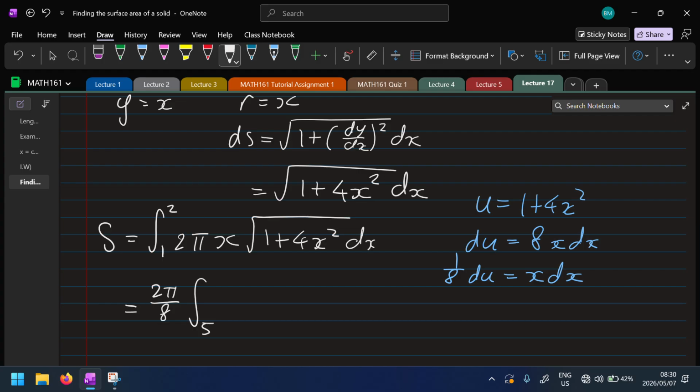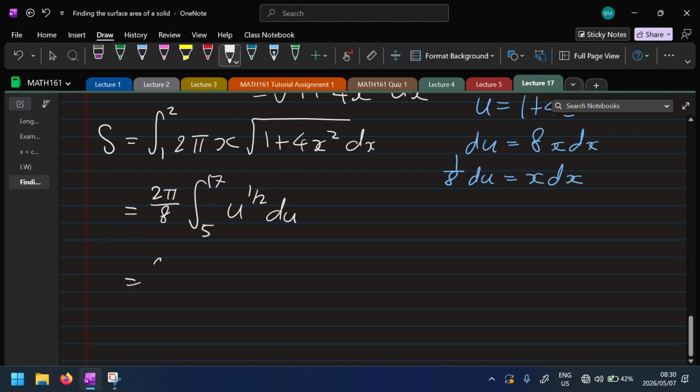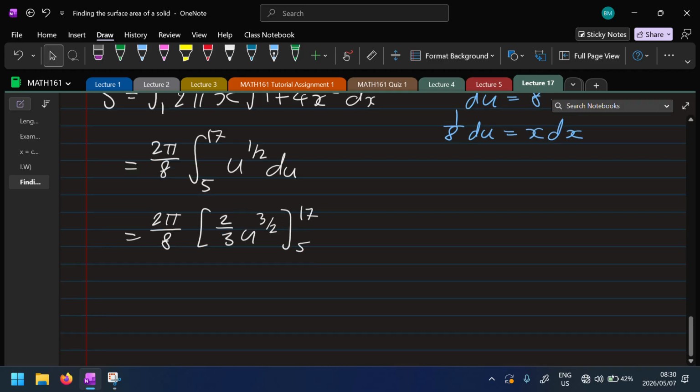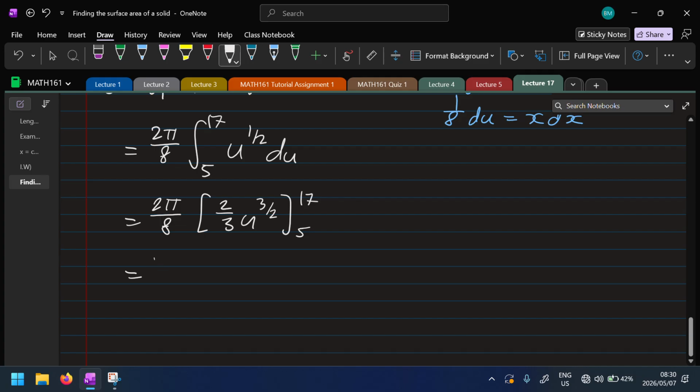And if we put x equals 2, we get u equals 17. So this will be 2 pi over 8, 2/3 u to the 3 over 2 from 5 to 17. Okay, so we get 2 pi over 8, 2/3 17 to the 3 over 2 minus 2/3 5 to the 3 over 2. You can simplify that a little bit more, but that's fine.